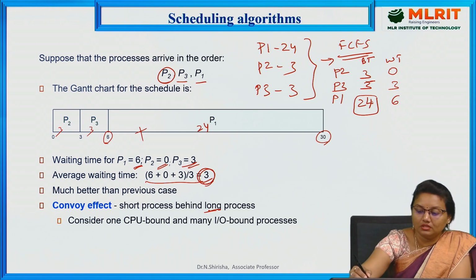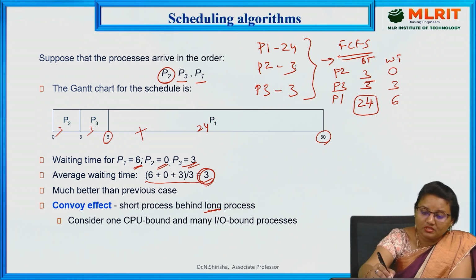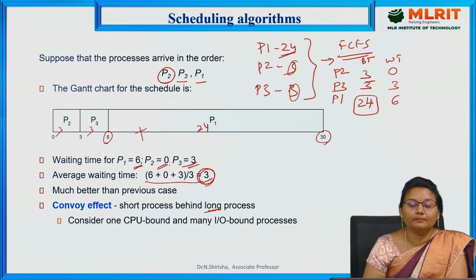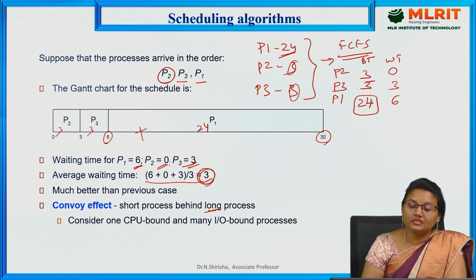Shorter processes behind a longer process is nothing but the convoy effect. These are the shorter processes P2 and P3, but they are executing after P1, and this is increasing the waiting time. But the criteria we have seen in the previous session is that the waiting time should be minimum, the response time should be minimum, and the turnaround time should be minimum. Here it is maximizing.